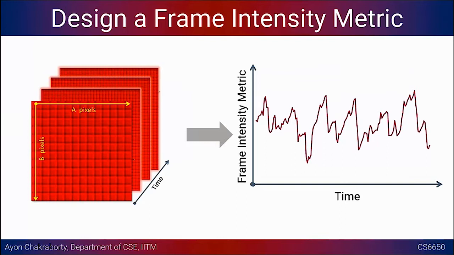So for frame number 1, frame number 2, frame number 3, frame number 4, and so on, this could be your downscaled and reduced frames-per-second video. It doesn't matter exactly what version of the video it is, but for any frame that you supply to the system, you have to figure out a metric that represents the intensity that is present.